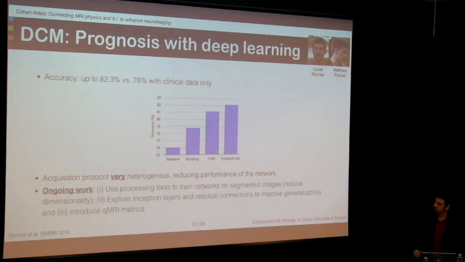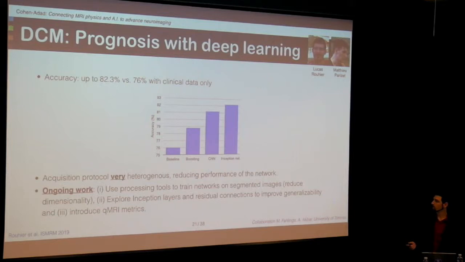The next steps that Lucas Rouhier, who is a student in the lab, is investigating is to use preprocessing tools in order to train networks on segmented images. So basically reduce the dimensionality of the input MRI data, because there are just too many degrees of freedom.